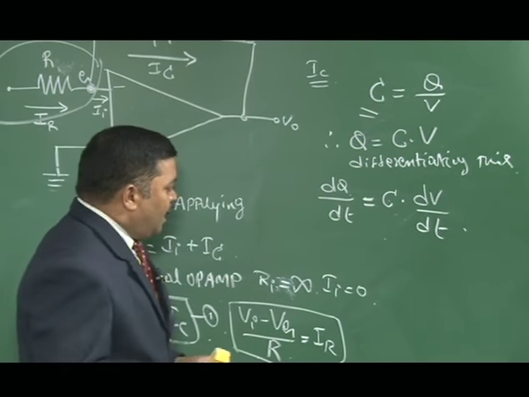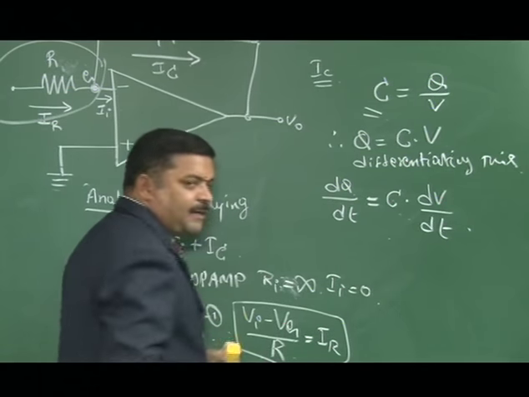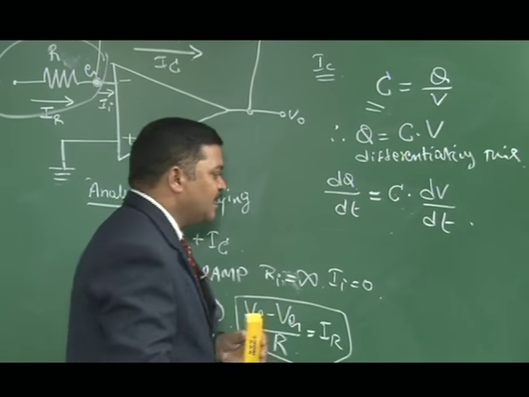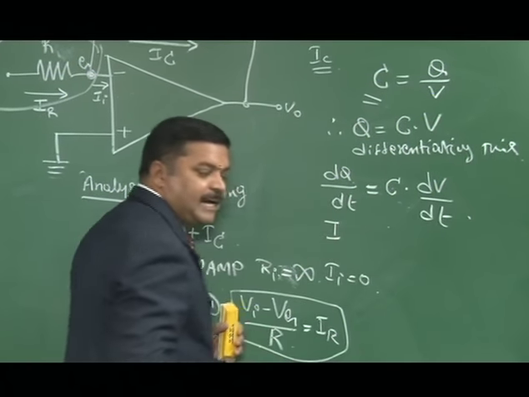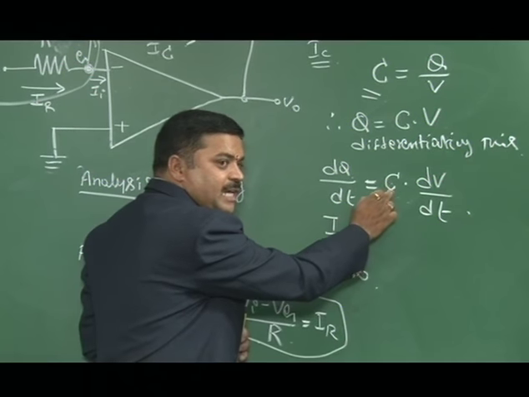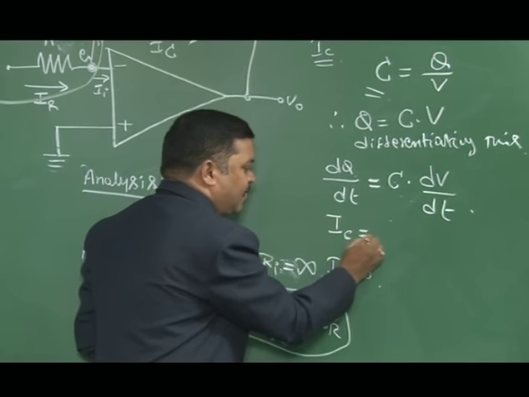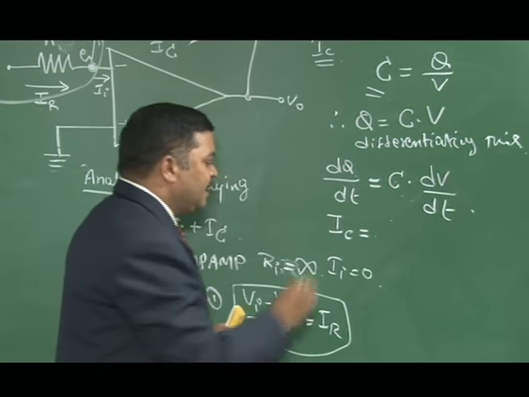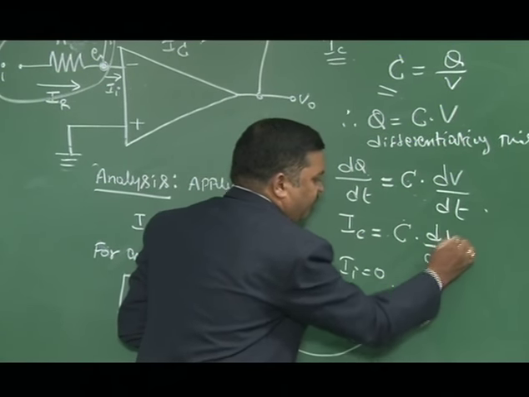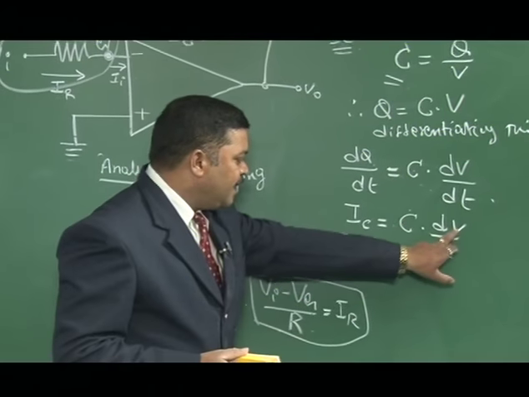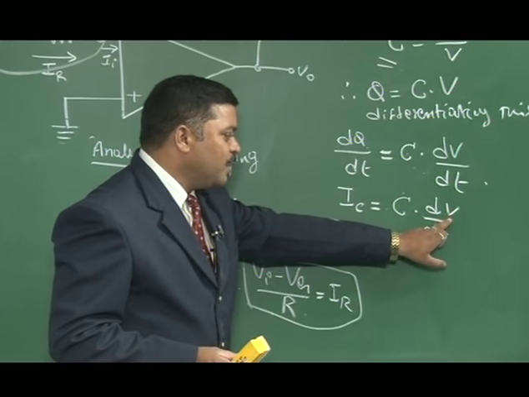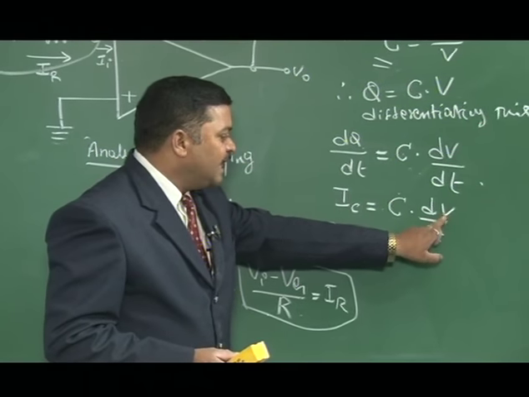Therefore, what is dq by dt? Rate of change of charge. Rate of change of charge is nothing but the current I. Which current are we finding? It is the current through the capacitor. So, the capacitor current IC is given by C into d by dt of V. So, what is V in our circuit? What is the voltage across the capacitor in our circuit?